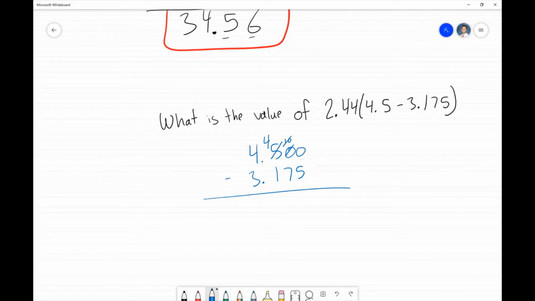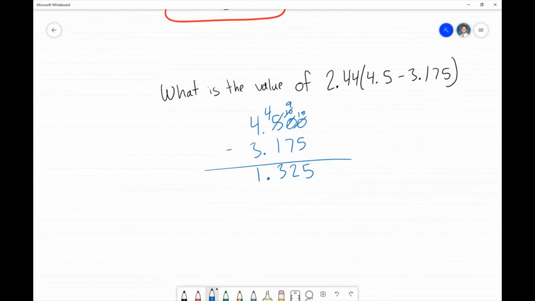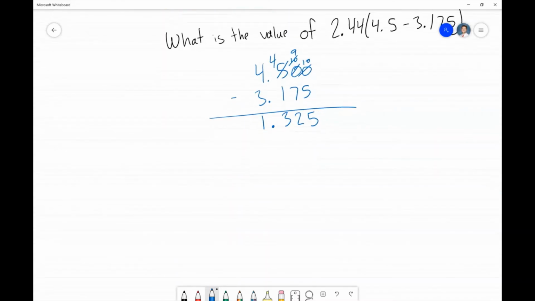We regroup that, which becomes 9. And this becomes 10. So we have 10 minus 5, which is 5. 9 minus 7 is 2. 4 minus 1 is 3. And 4 minus 3 is 1. Decimal stays in the same place. And now we can multiply 1.325 times 2.44.